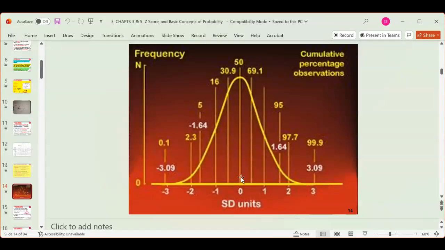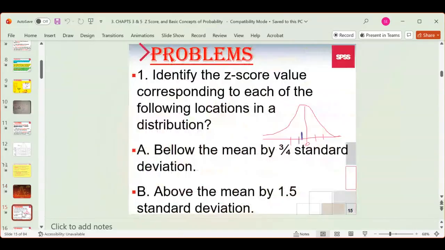Those numbers on top are percentiles, or percentages, from 0 to 100, not standard deviations. The standard deviations are at the bottom, where the 1, 2, 3, or -1, -2, -3 are.